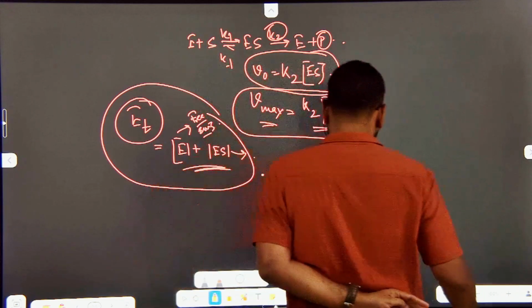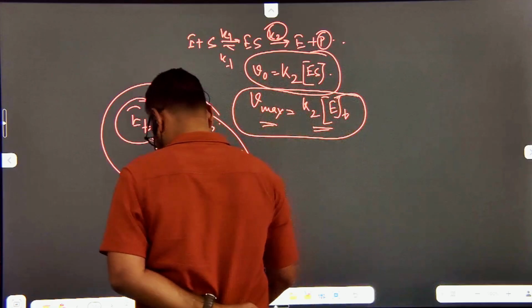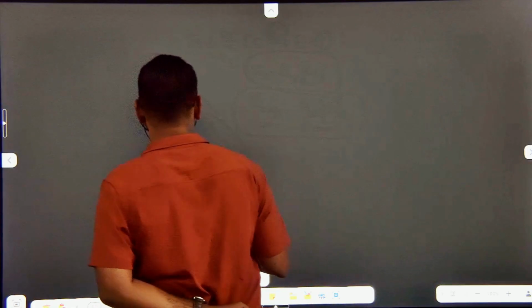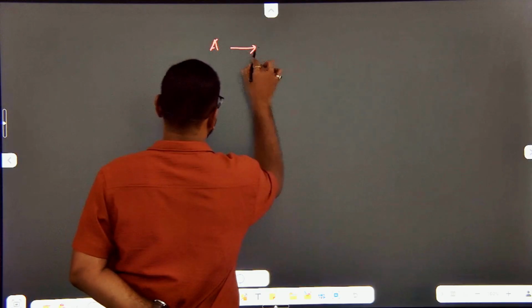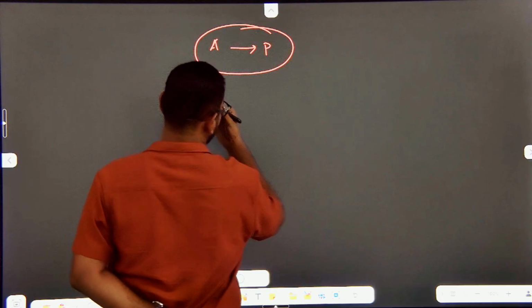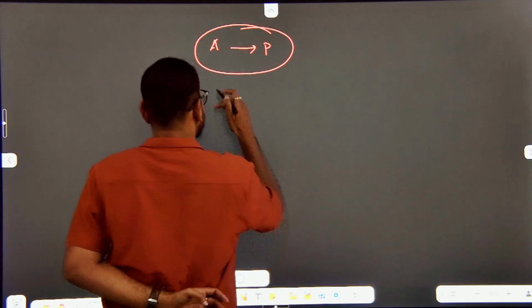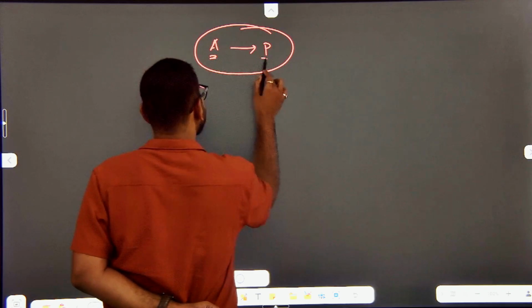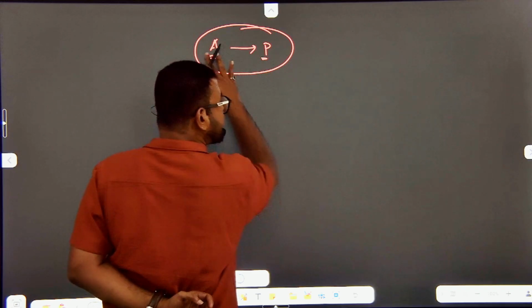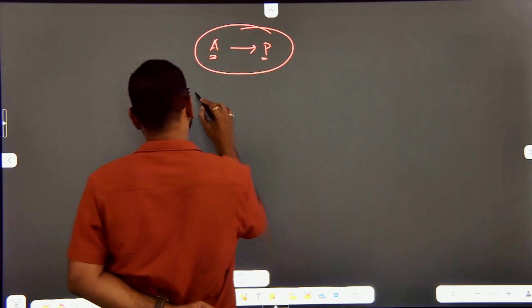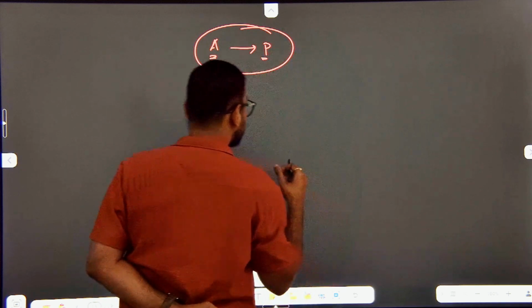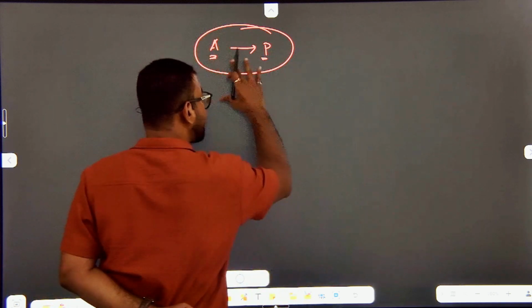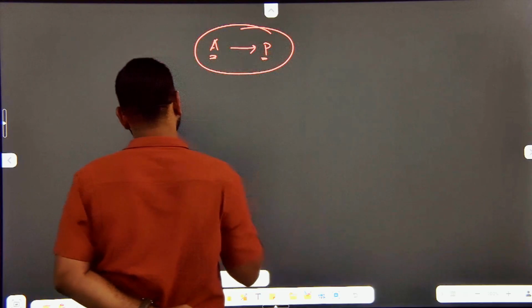Now, another important thing. Let's say a substrate A is getting converted into product B. As a result, A will be dissociated and P will be produced.